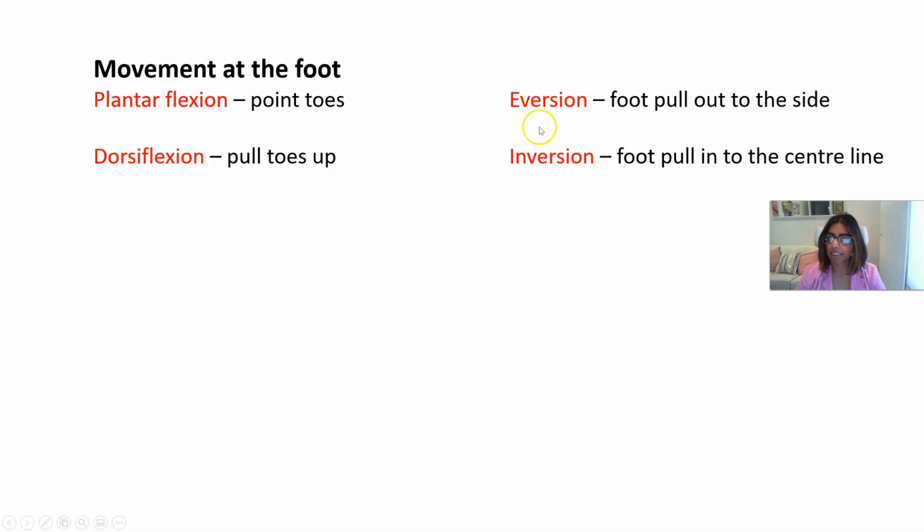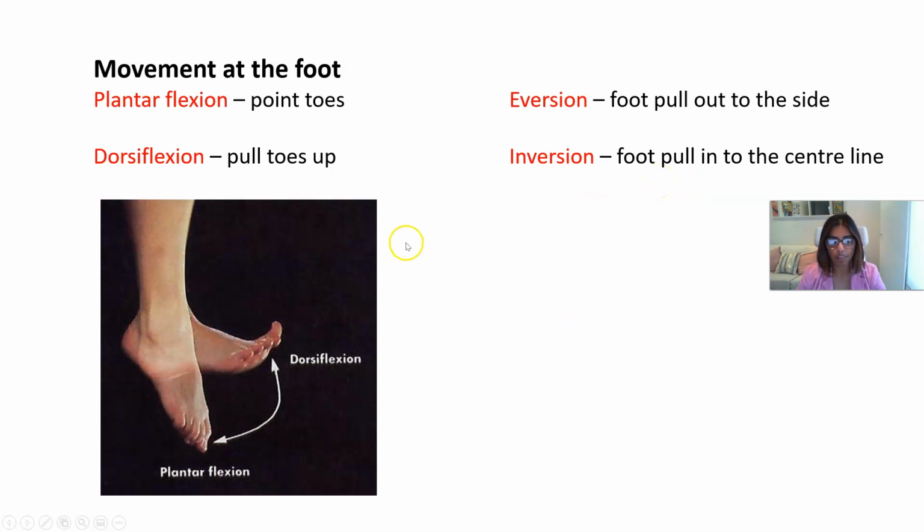On the other side here, we've got eversion, and this is when we rotate the foot outwards away from the body. And inversion, we're rotating it towards the midline of the body. So these diagrams again, plantar flexion, we are pointing the toes down, and you can see we're increasing the angle here between the foot and the ankle.